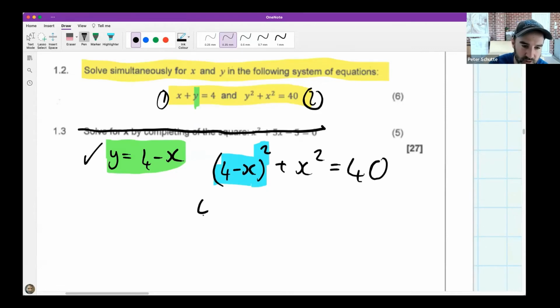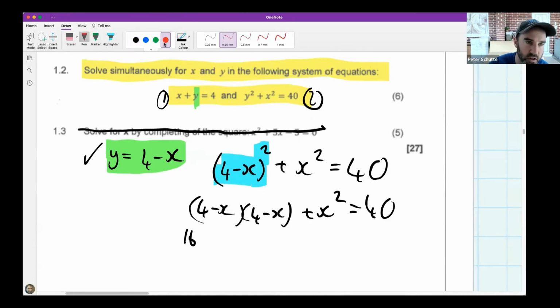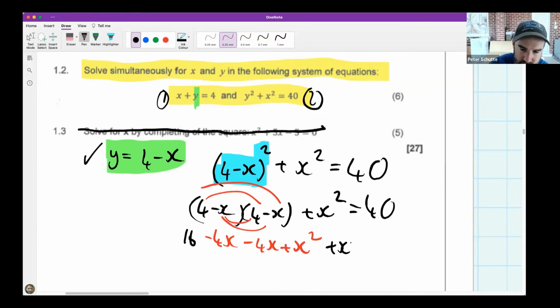Some of you, I would suggest it might be better to write it out in full. I don't know what methods you guys prefer. If you do it the slightly longer way, you should get something like that.